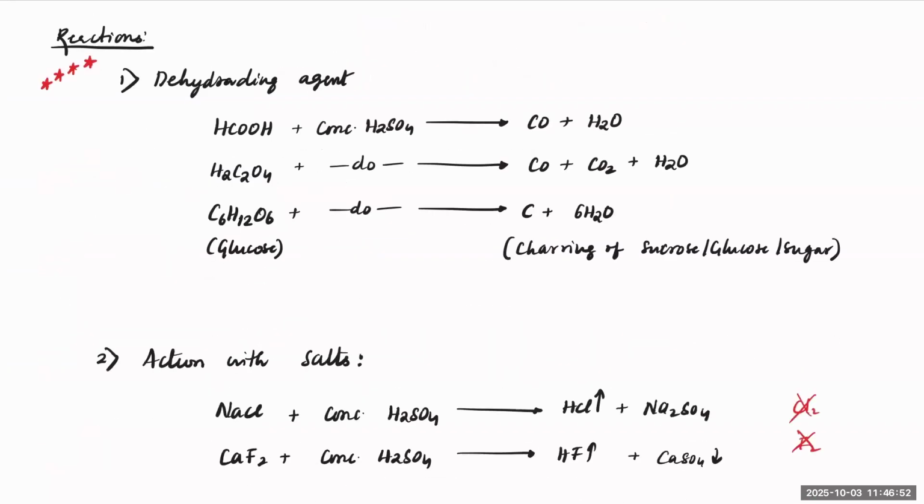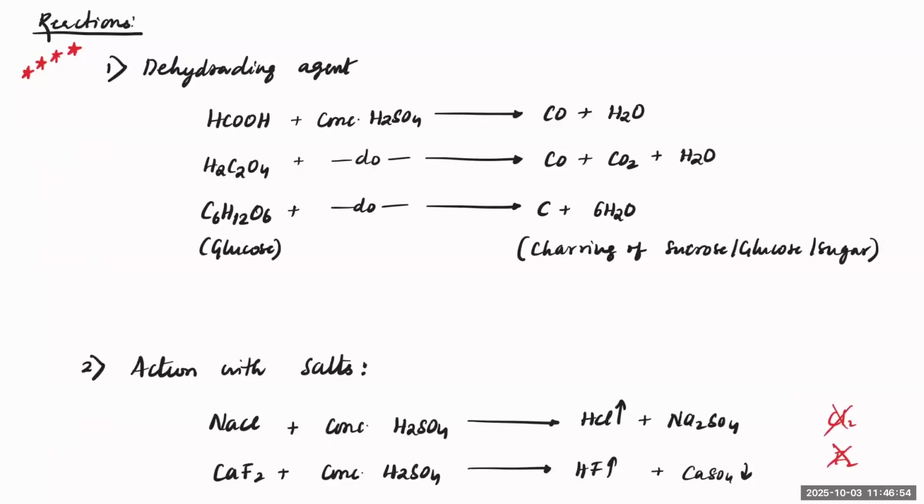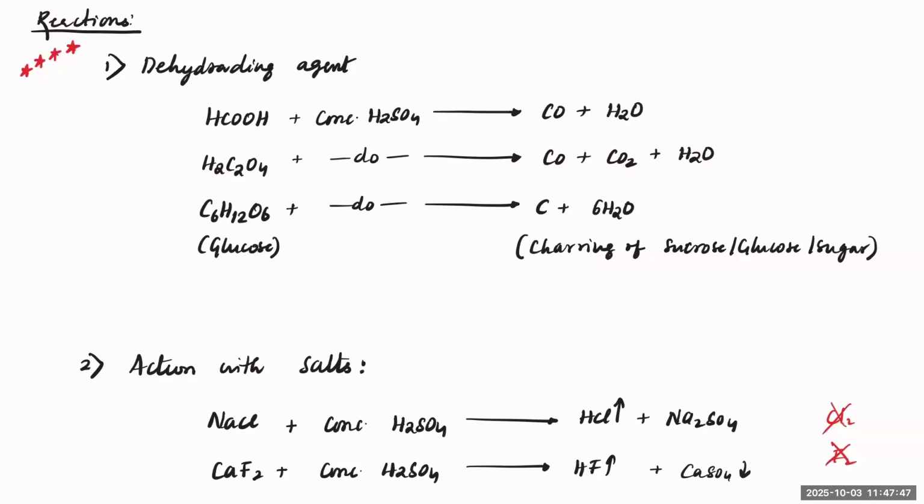Next, check out the reactions here. H2SO4 acts like a dehydrating agent. HCOOH, when you react with concentrated H2SO4, it can lose water and the remaining part is carbon monoxide. Same goes with oxalic acid. It can become CO and CO2.